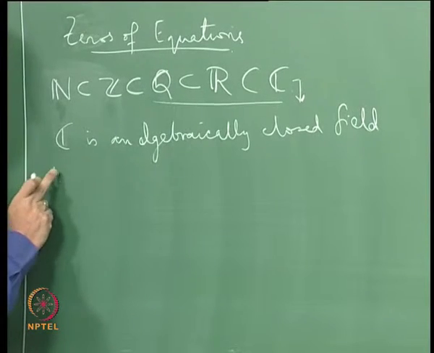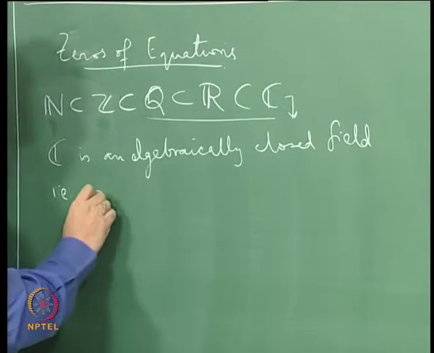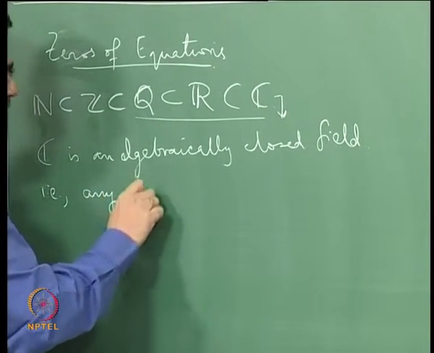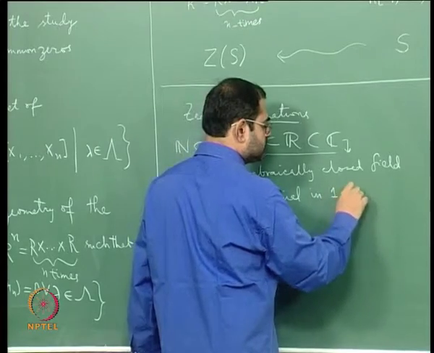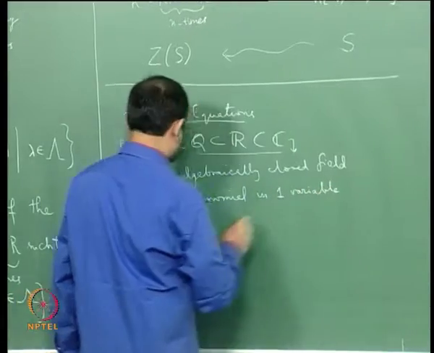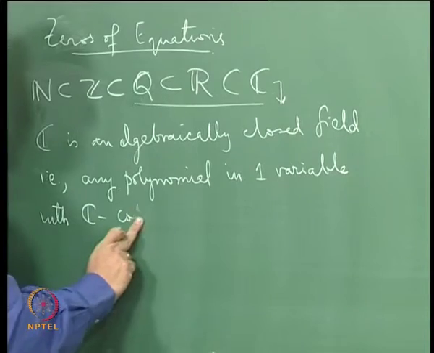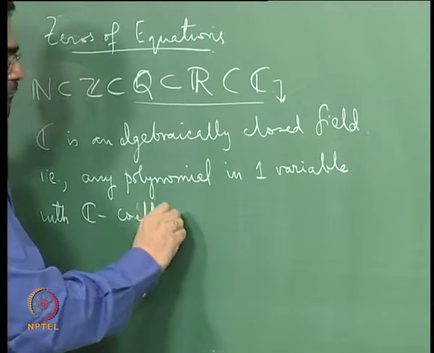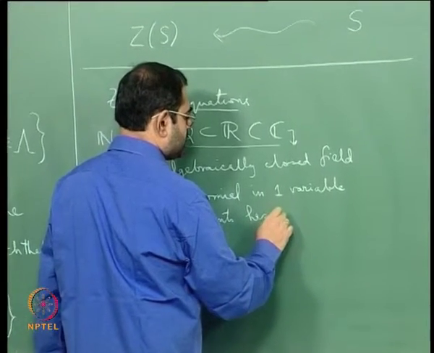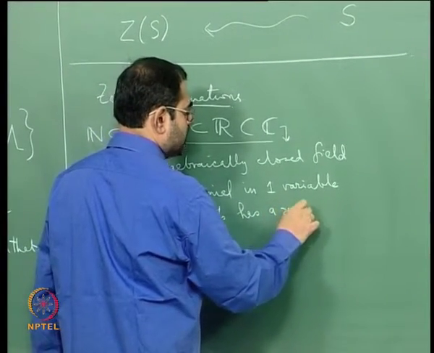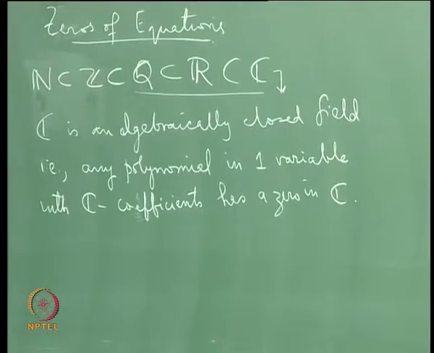It means that any polynomial in one variable with C coefficients has a zero in C.